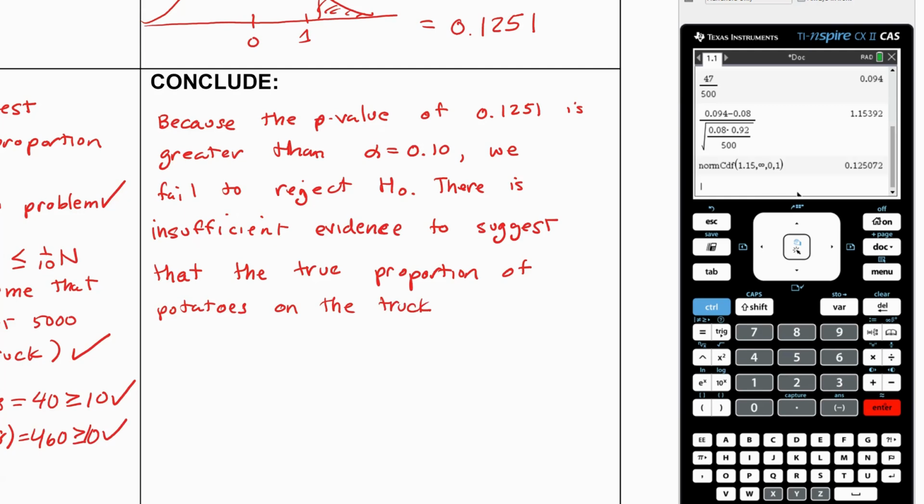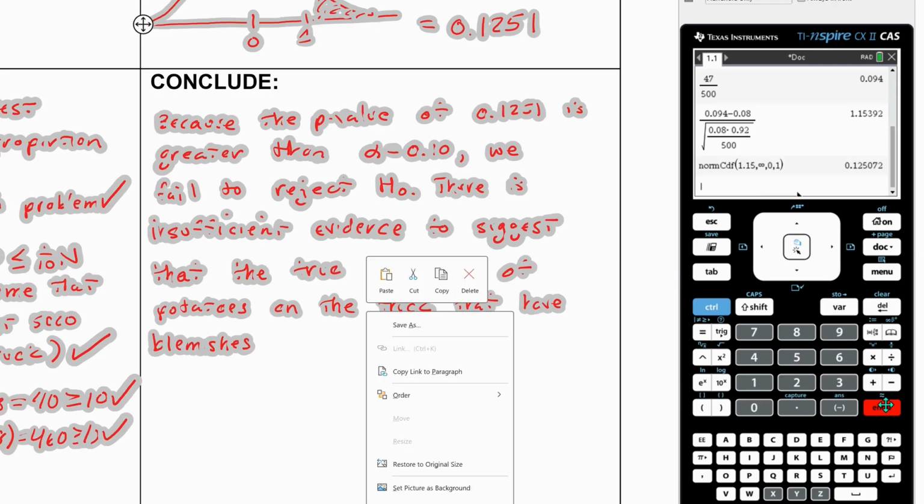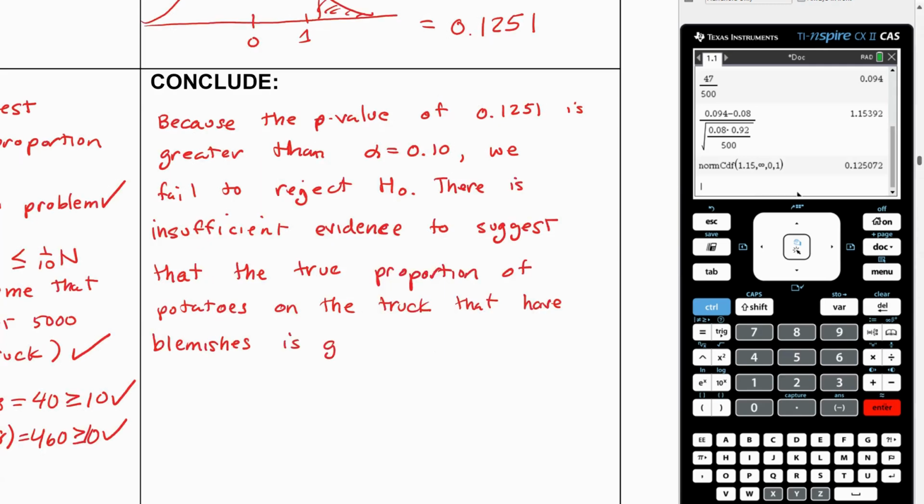Now we mentioned what is it we're investigating, that have blemishes, and then we restate the H naught claim. Is greater than 0.08. What does that mean? The truck should be accepted. And let's get all those potatoes off of there and make delicious potato chips.